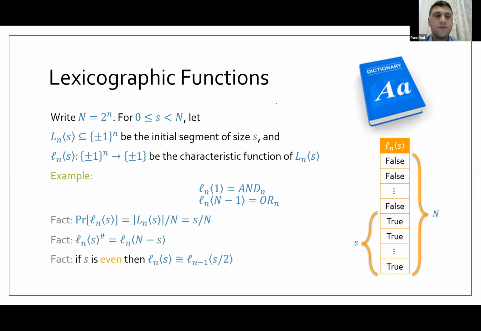And we can have some more nice facts. Let me just mention the last one. If S is even, then the last variable is meaningless. It doesn't affect the output. So in some sense, I can just consider a smaller function on n minus 1 variables. And if S over 2 is still even, I can continue dividing more and more.